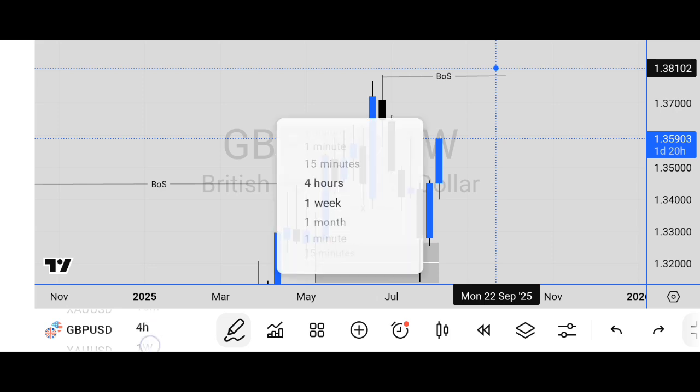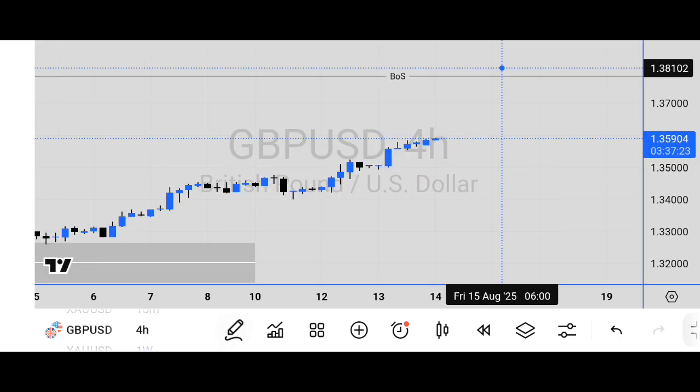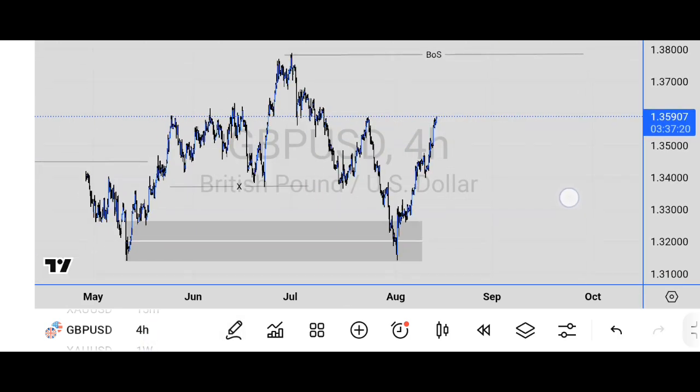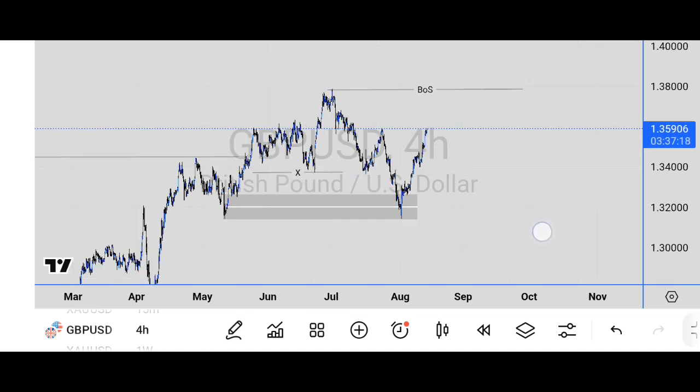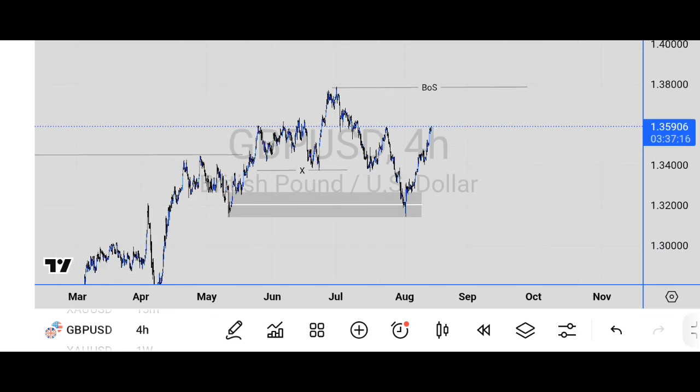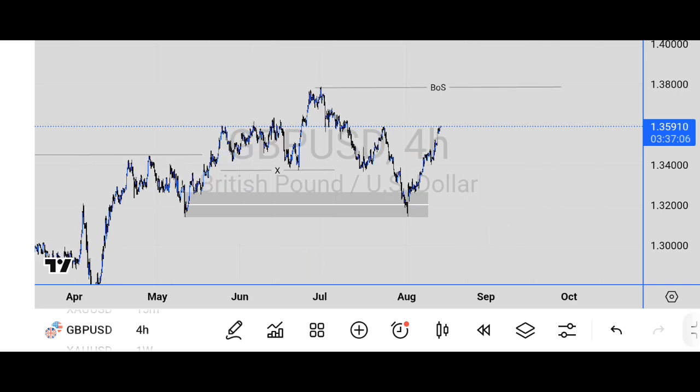Now if we move down to our 4 hours, the weekly is the extreme higher time frame. Normally with our 4 hours, whether you're a day trader, intraday trader or a swing trader, you can easily analyze the 4 hours and then get your entries from the 15 minutes or the 1 minute chart, as the case may be.